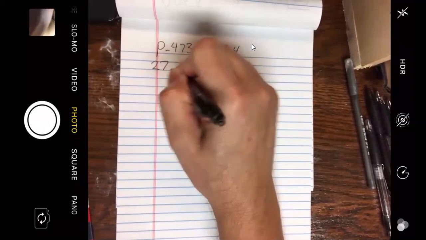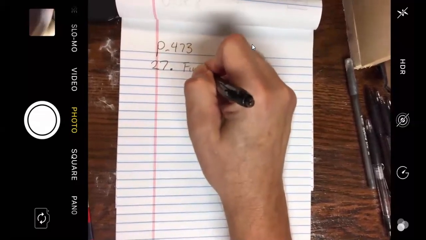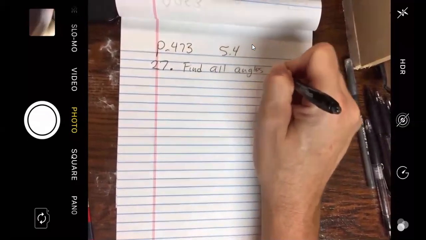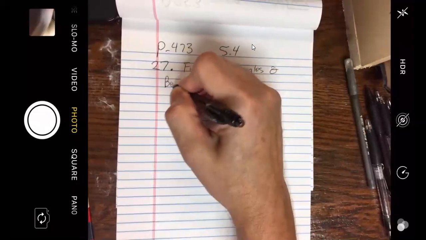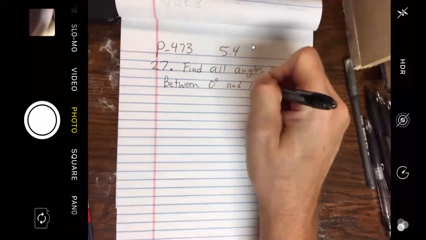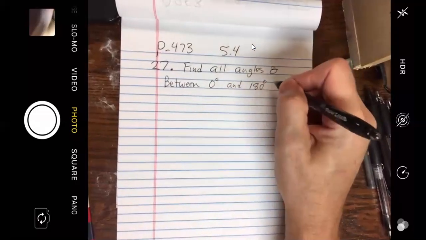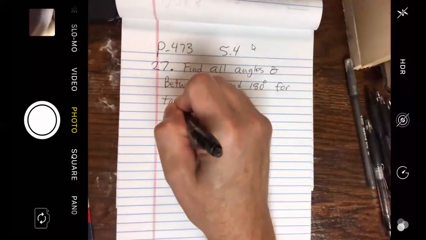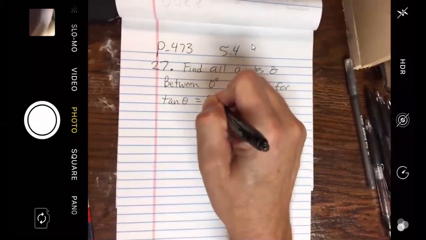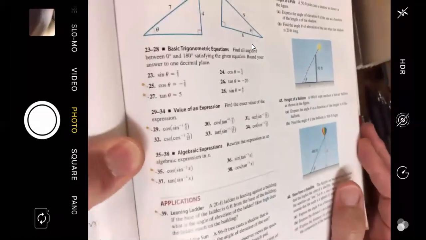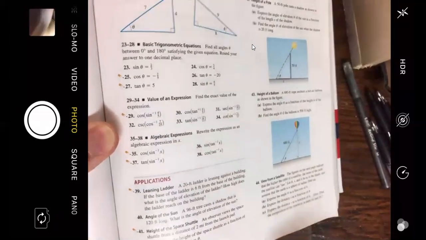Problem 27: find all angles theta between 0 and 180 degrees for tan theta equals 5. So we'll work from this group, then one from this group, and then on to 5.4.